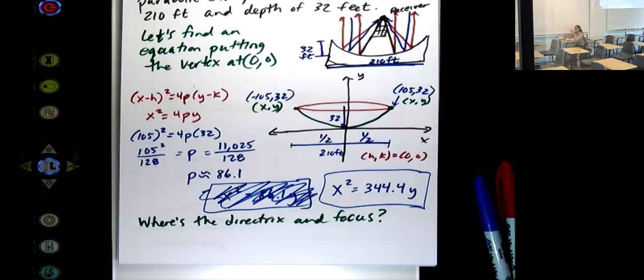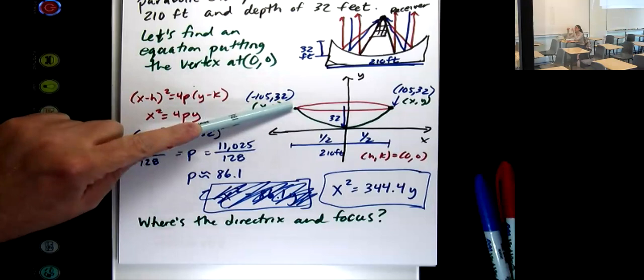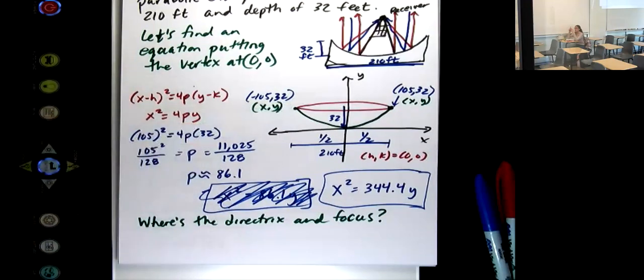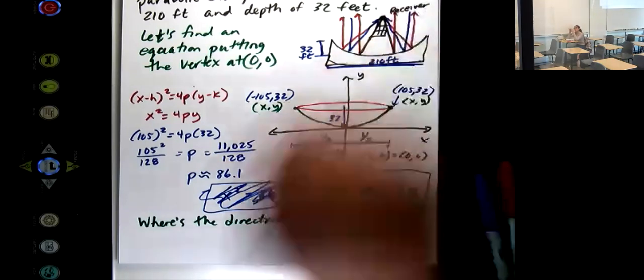It could be 32, like the opposite way, down 32. We don't want to go from the dish. We want to go from where the focus is. Believe it or not, the focus is not on that flat part of the dish. If you see right here, it's above it.